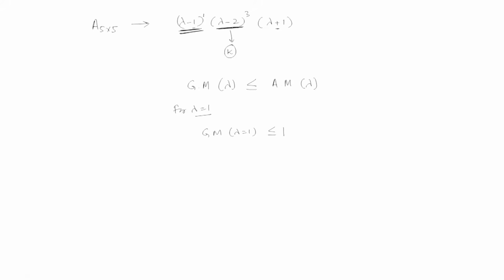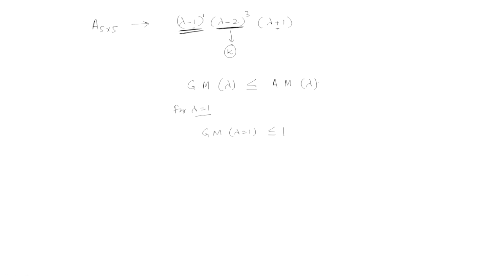Now, for lambda equal to 2, algebraic multiplicity is 3. So, what should be the geometric multiplicity? It will be less than or equal to 3, because by this property geometric multiplicity for lambda equal to 2 is less than or equal to the algebraic multiplicity, which is 3. So, geometric multiplicity for lambda equal to 2 is either 1, 2 or 3, and for lambda equal to minus 1, geometric multiplicity is 1.